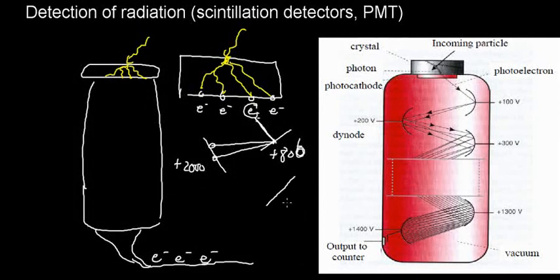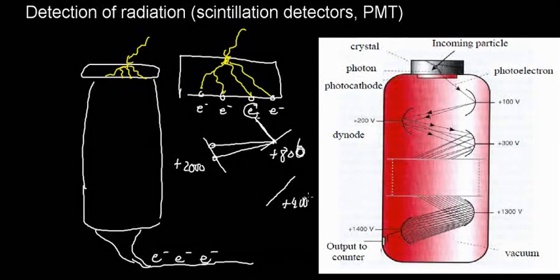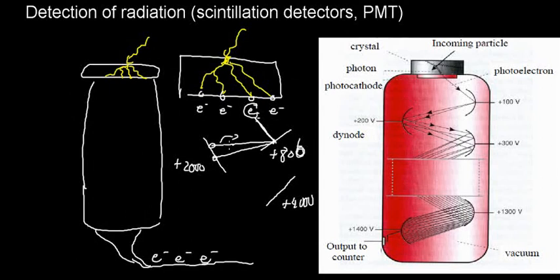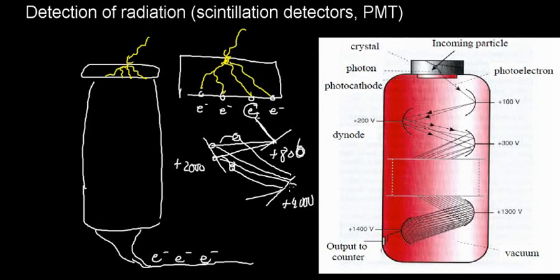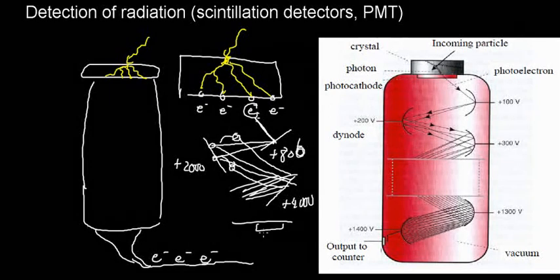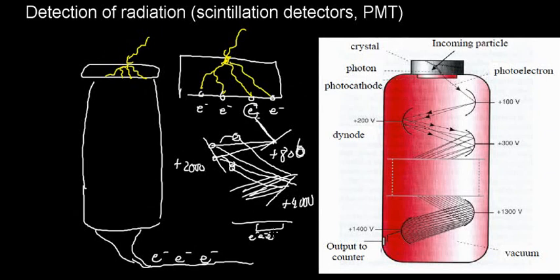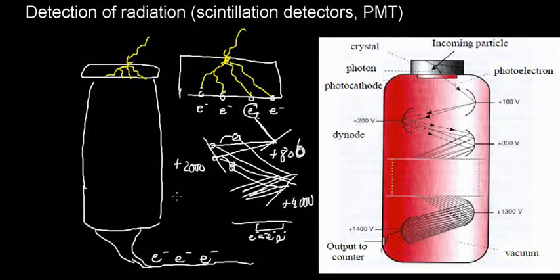Well, I have another plate here that's charged plus 4,000. And I have these two electrons with the other two that were also ejected, and all four are going to gravitate really fast towards this next plate. And you can see how this keeps multiplying until it gets to the very end, where I have a bunch of electrons that now I can get a firm reading for current.